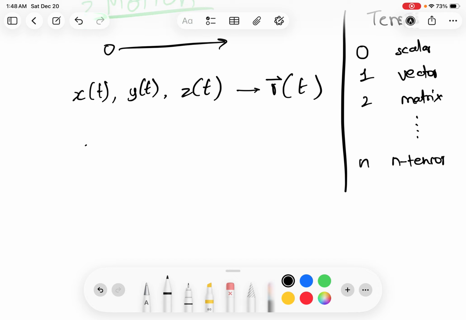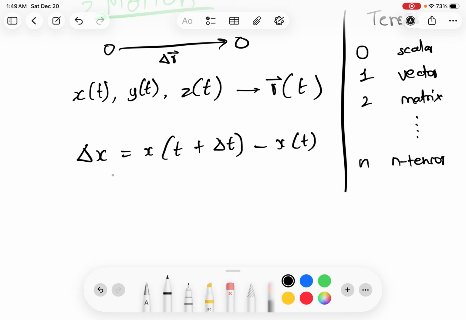As the particle moves, what is the delta it has moved? Let's say delta R. For delta x, how much it has moved is x of t plus delta t, with that extra delta time, minus x of t. It will give you the delta in x.